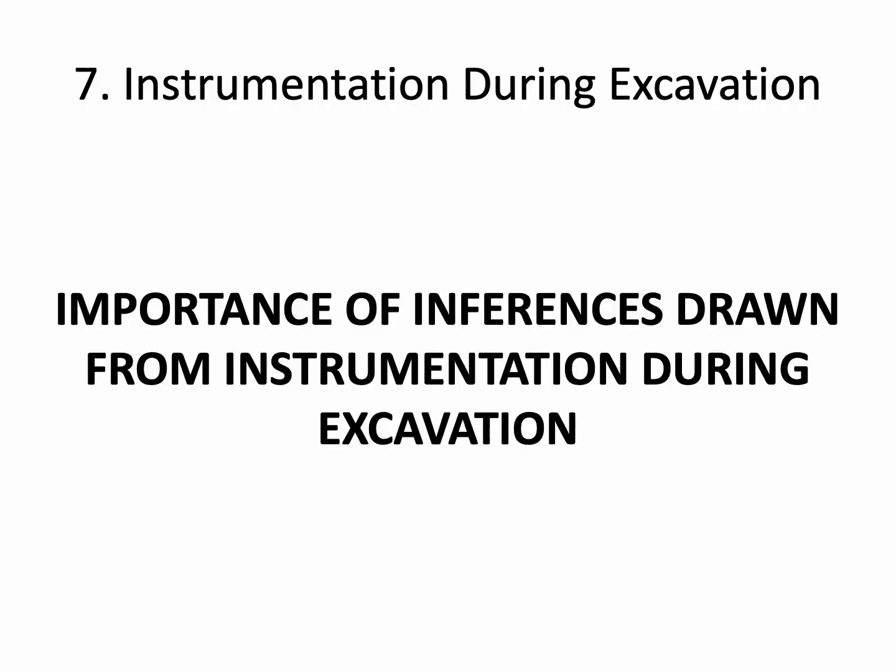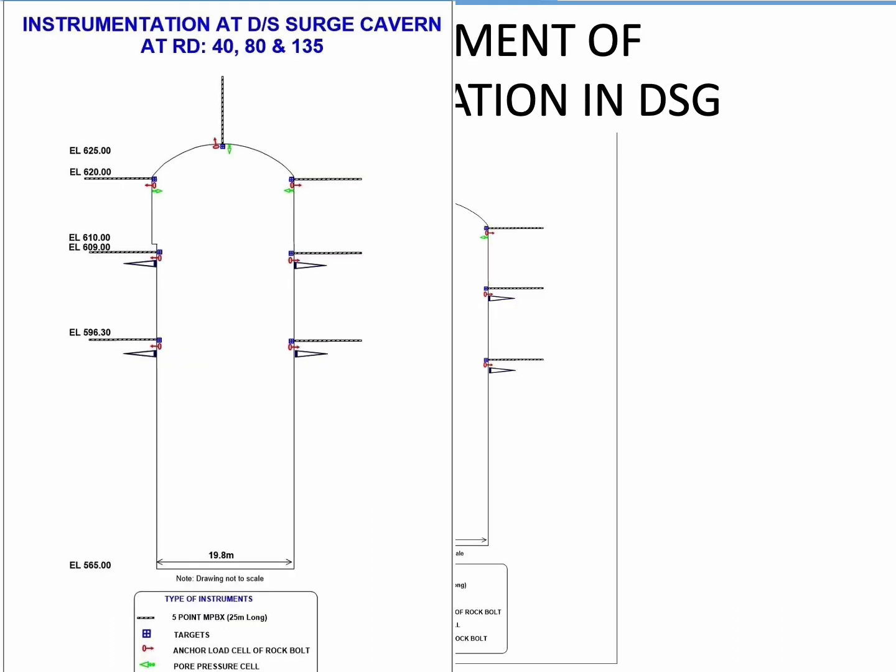Now, seventh important in the iterative method was instrumentation. What did instrumentation during excavation reveal in Downstream Surge Gallery of Punatsangchhu-II project, and the importance of inferences drawn from instrumentation during excavation. This is the kind of instruments provided in the Downstream Surge Gallery at RD 40, 80 and 135 meter.